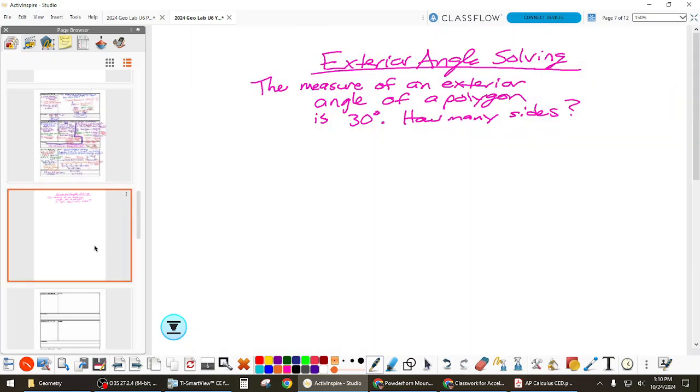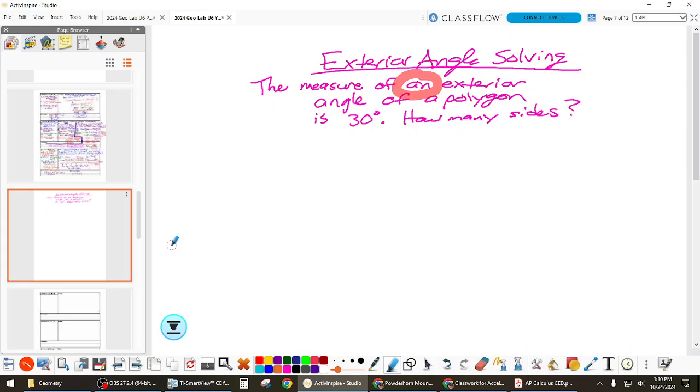So, the thing you need to key in on in this one is this word. What is a synonym for that word? One, good. So, one. Look at your front packet if you need. Exterior angle.